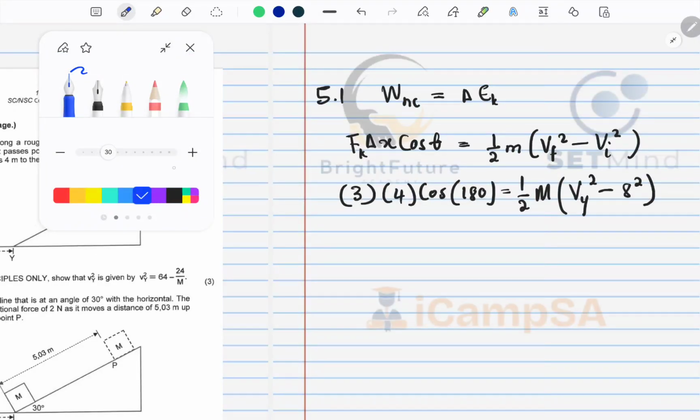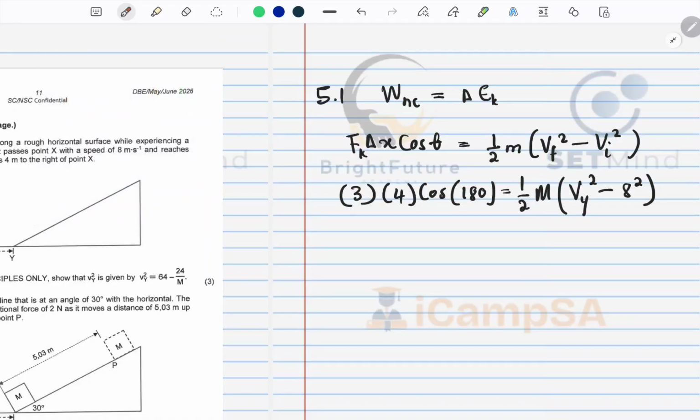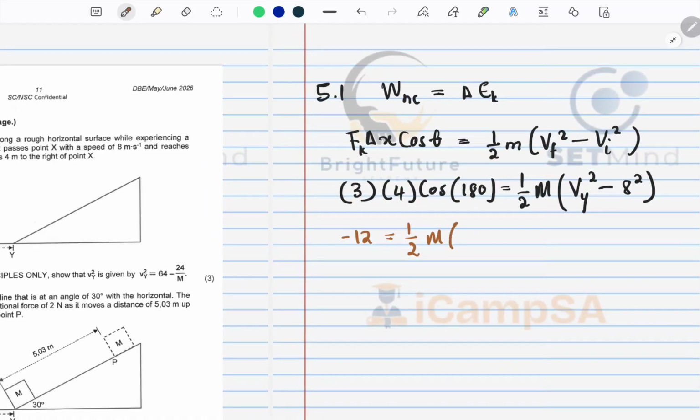Once you've got this set up, you now actually have your answer. You're going to have minus 12 here, equals 1 over 2 m times Vy squared minus 64.